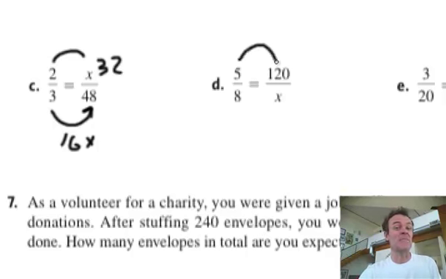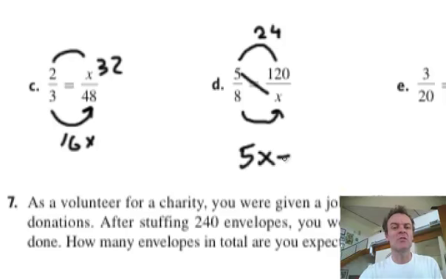5 to 120, I think, is 24 times bigger. So I would do 24 times 8, but again, if in doubt, it's this. 5 times x equals, I'm not sure what 8 times 120 is.